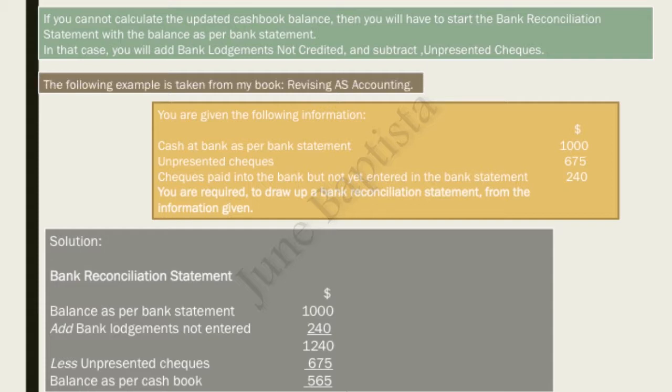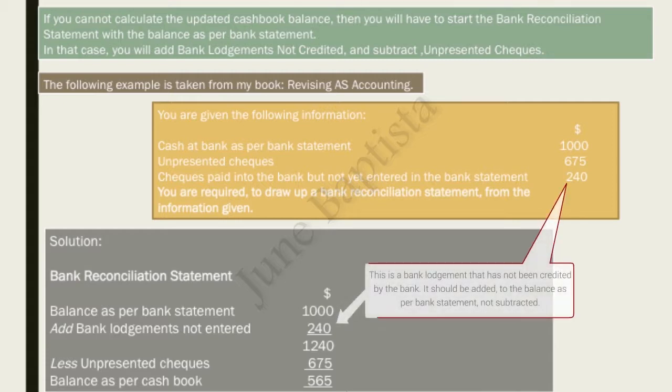Look at the following example taken from my book, Revising AS Accounting, a Study Guide. You will notice that cash at bank as per cash book is not available, but you are given cash at bank as per bank statement, and you will therefore start the bank reconciliation statement with balance as per bank statement of $1,000.